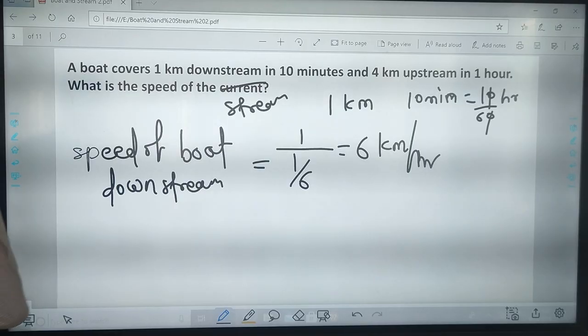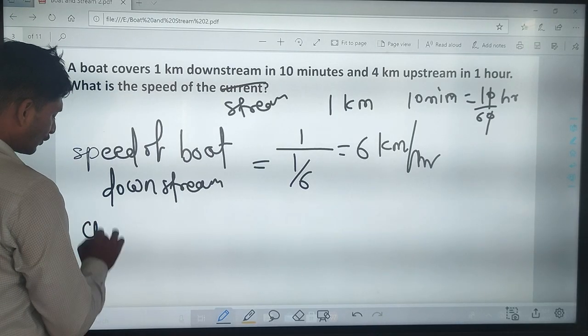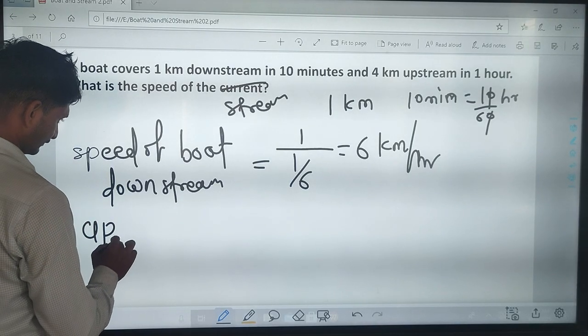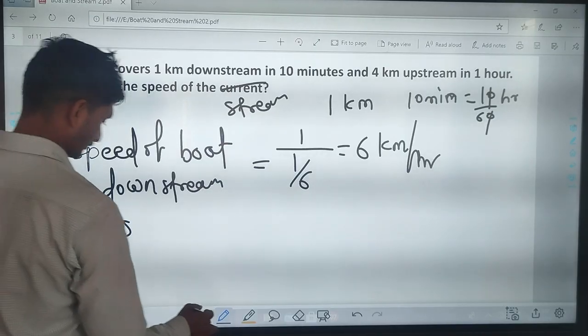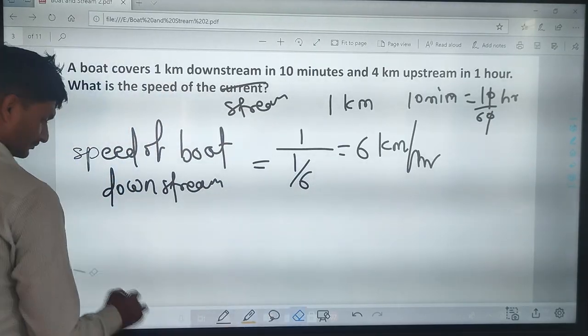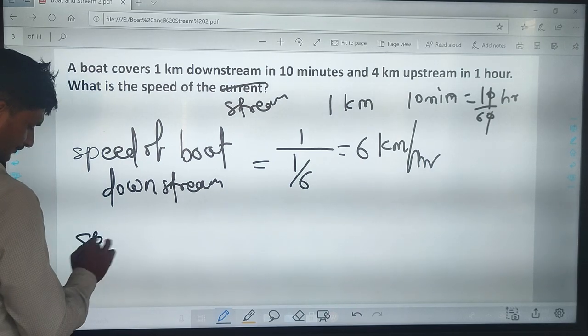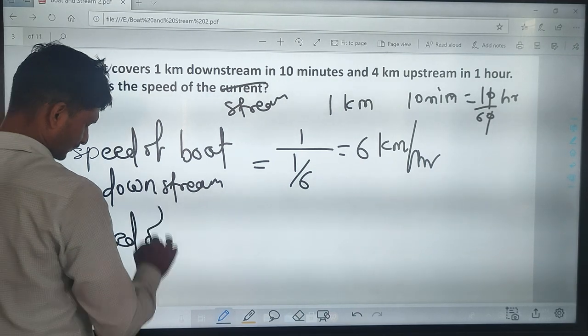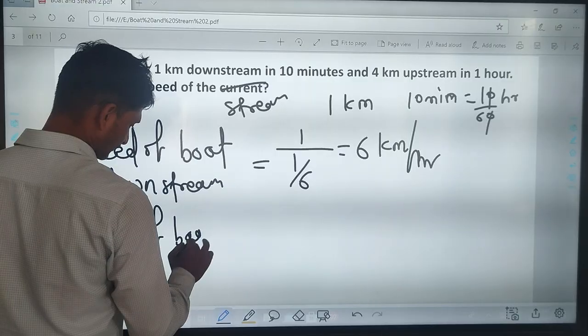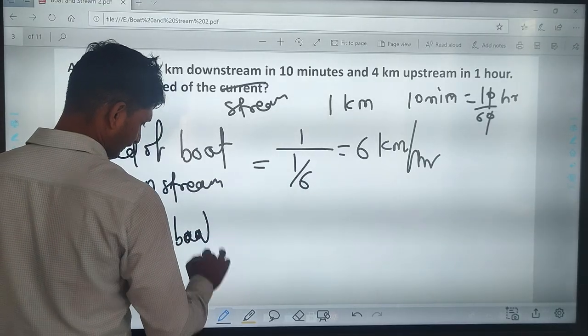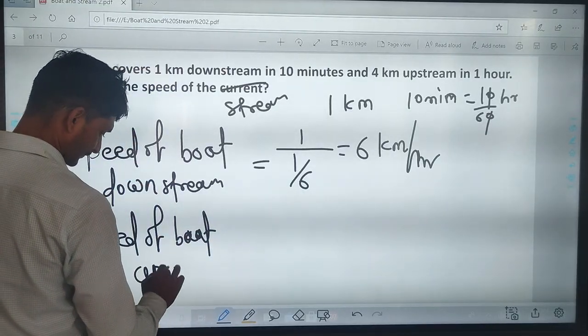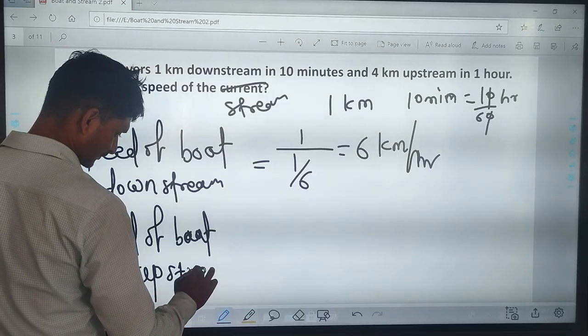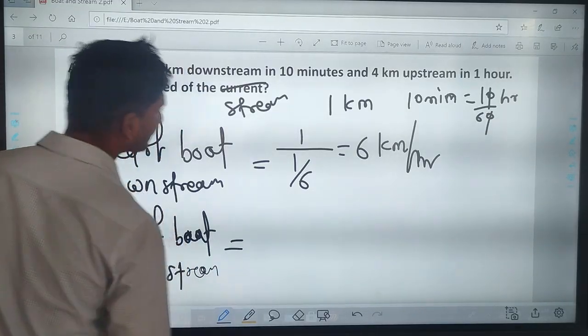We find the upstream speed, the speed of the boat upstream.